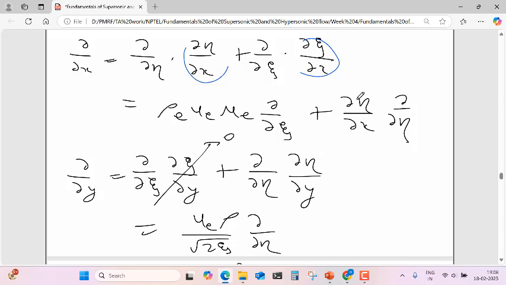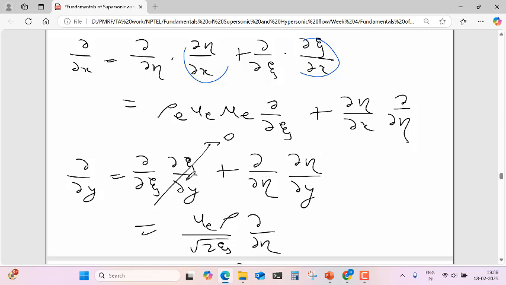∂/∂y equal to ∂/∂xi into ∂xi/∂y plus ∂/∂eta into ∂eta/∂y.